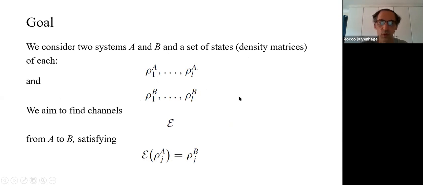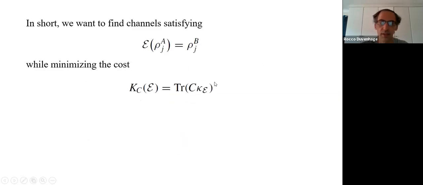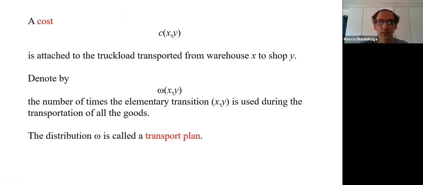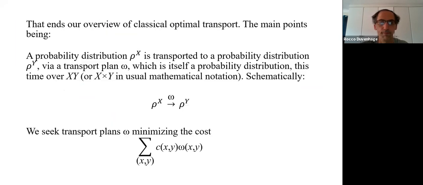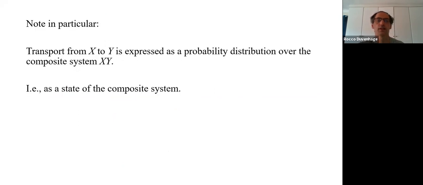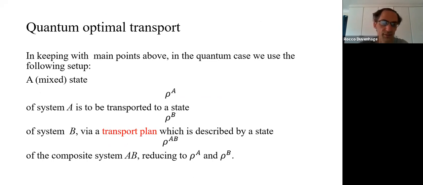So the classical optimal transport typically begins with one state and ends with one state. I'm generalizing in the same process, but otherwise the idea is essentially the same. And again, just to emphasize it, the transport from X to Y is expressed as a probability distribution over the composite system. In other words, the state of a composite system or a compound system is the transport plan, or the dynamics in a sense.